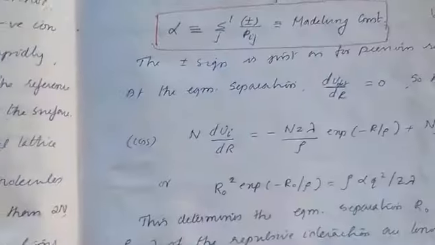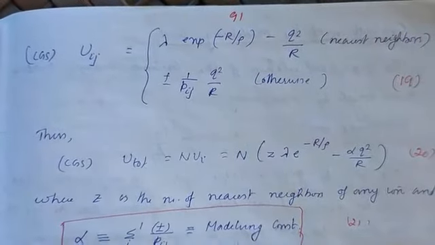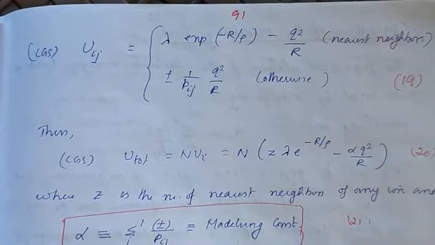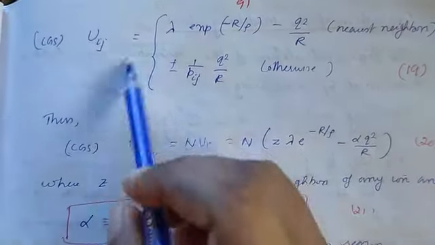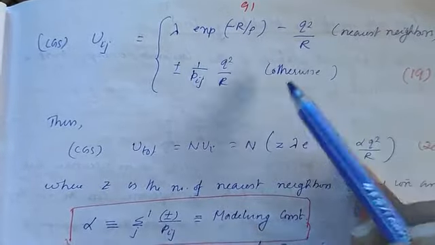Okay, so we can define the potential energy as lambda into these two cases, for nearest neighbors and otherwise.